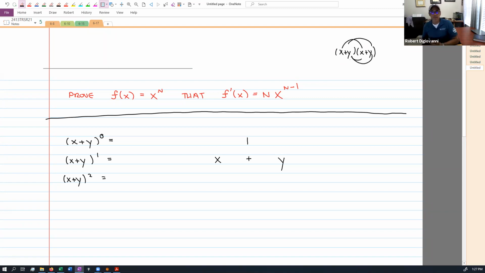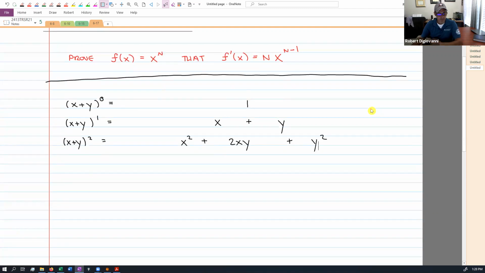And if you did that FOIL, you would get x squared plus 2xy plus y squared. Do y'all trust me that that's true? Okay. What if we did cubed?